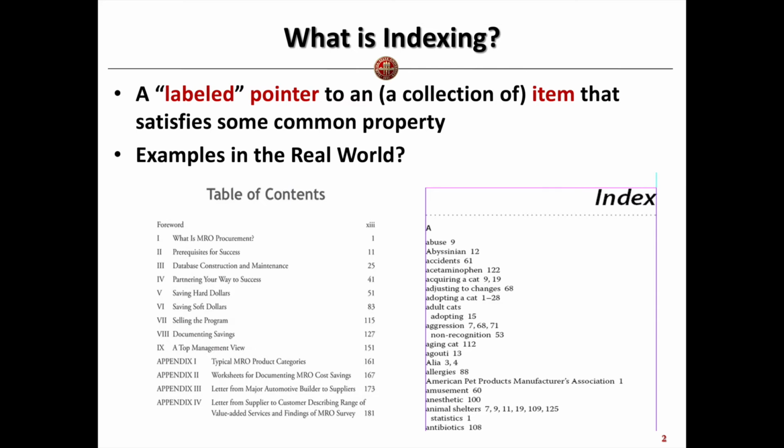So providing some keywords or some topics, we can find the matching pages in the book. Given the topic, we can find a matching page, right? Similar for different topics or for different sections, we can go to the corresponding pages in the book. So the table of contents is an indexing table we can see in the real world.